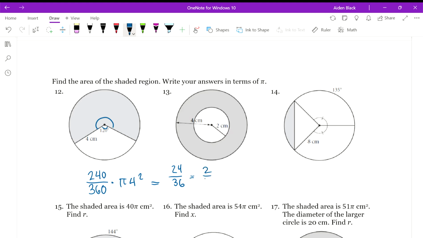So we have 2/3 times pi times 4 squared, which is just 16 pi, in which case we get 32 pi thirds, and this is in centimeters, so centimeters squared.